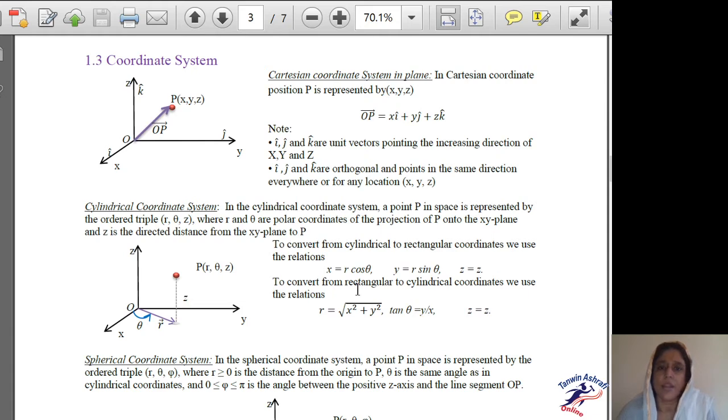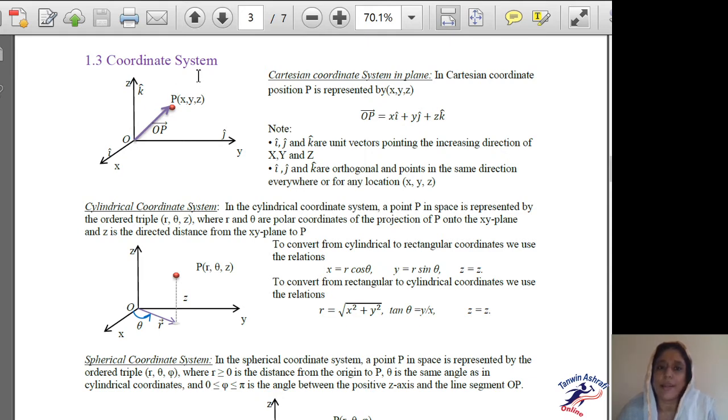Coordinate system. In this heading, we are going to see three types of coordinate system: Cartesian coordinate system, cylindrical coordinate system, and spherical coordinate system. In the Cartesian coordinate system, or rectangular coordinate system, the point P is represented by the coordinates x, y, and z.